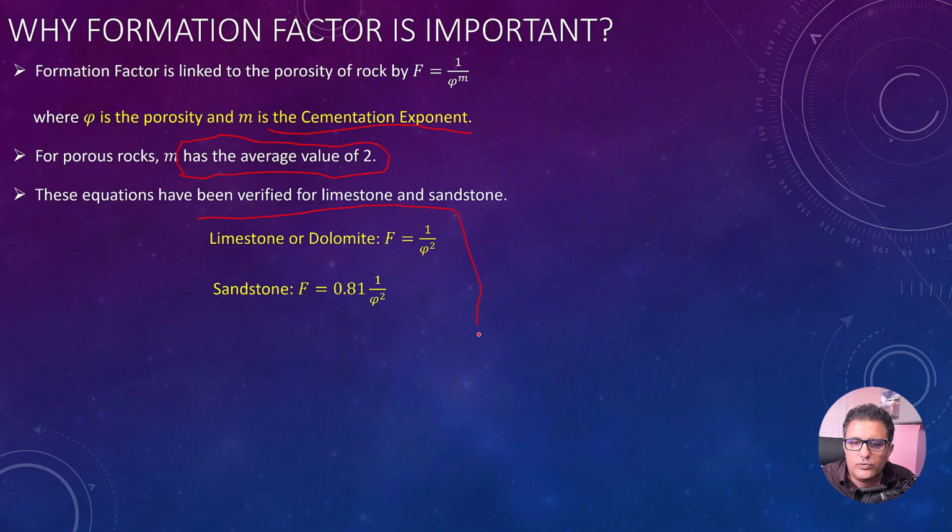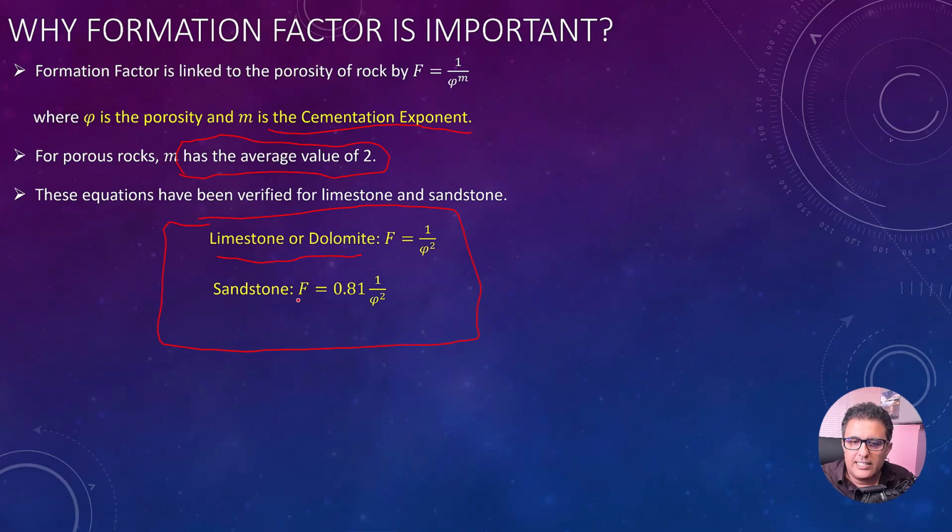These are the two famous equations that we may see. If the reservoir rock is carbonate, which means it can be limestone or dolomite, it is defined by F equal to 1 over phi squared.